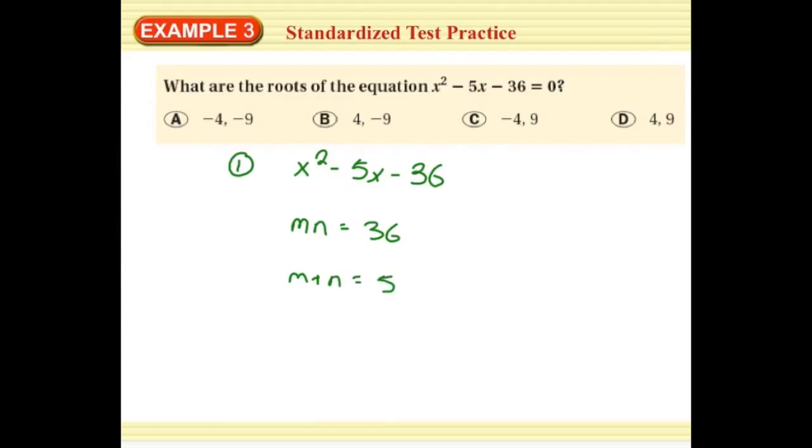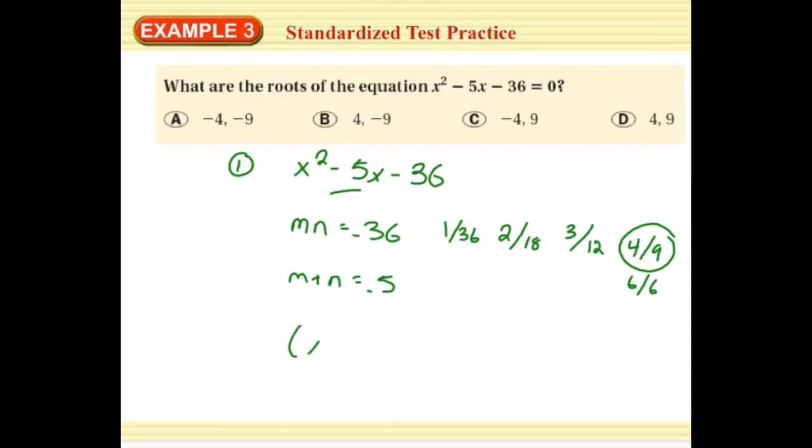So factors of 36 can be 1 and 36, 2 and 18, 3 and 12, 4 and 9, or 6 times 6. Any of those pairs that can combine in any way to be 5. Well, 4 and 9 will be 5, but they need to subtract, which is also fine because I get a negative 5, right? Negative 5, negative 36.